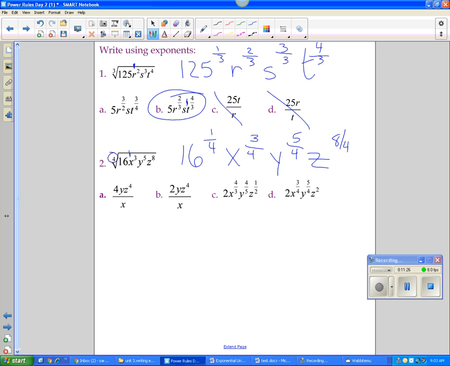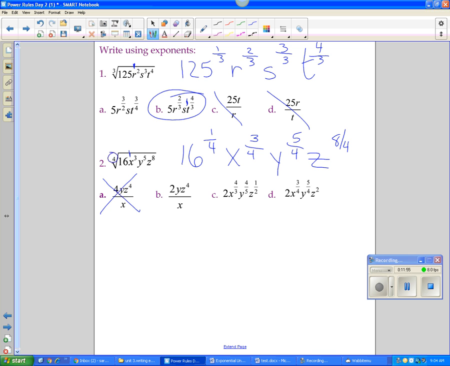All right, Faith, what happens when you do 16 to the 1/4? What do you get? 2. You get 2. So, Jack, what answer choice can I mark out? Which one doesn't have a 2 in it? Okay. 4 isn't what I get.